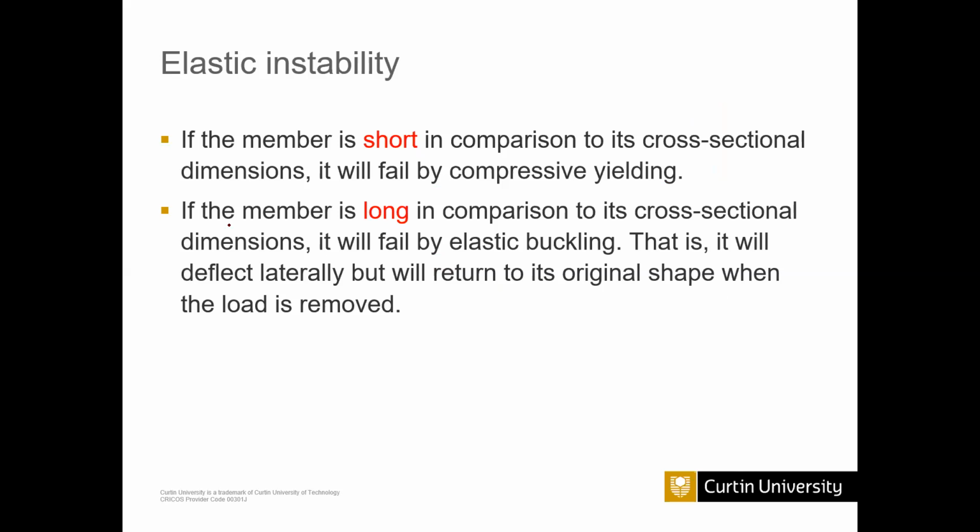If that column is short, when we consider the cross section and the length, if it is a circle we consider the radius. The ratio of the cross-section radius to the length of the column, later on we will call by a specific name. If that ratio is very small, we call it a short column.